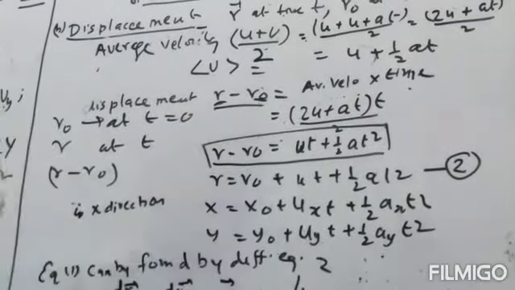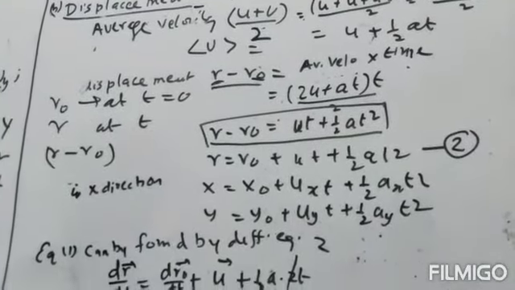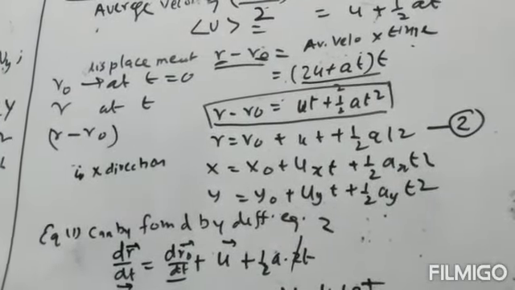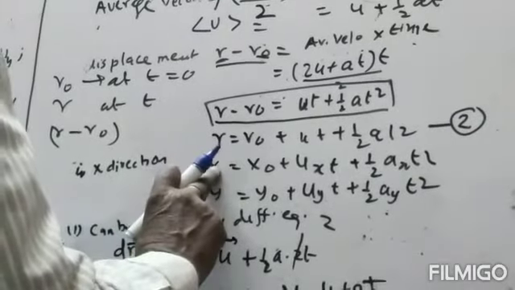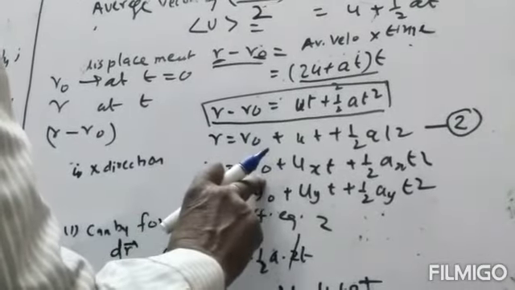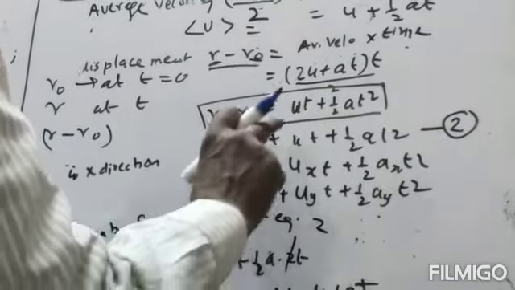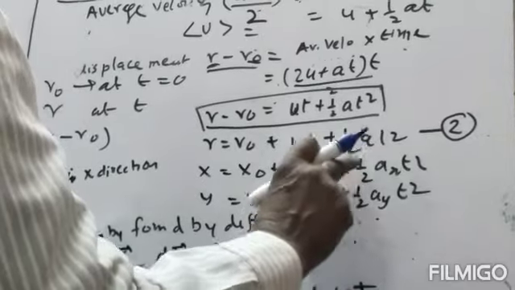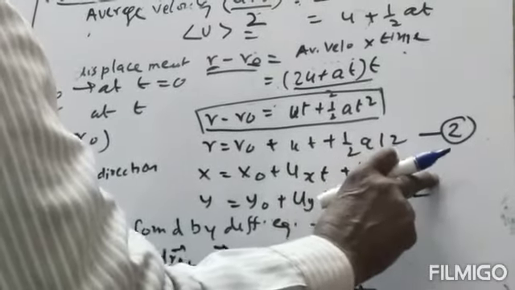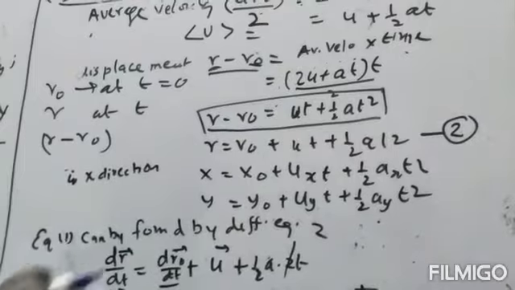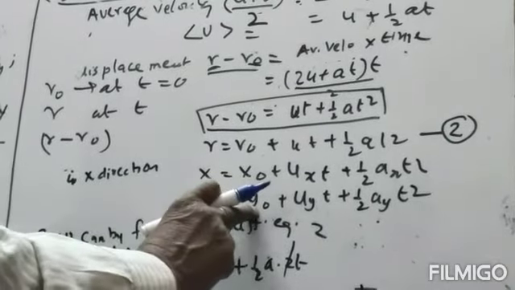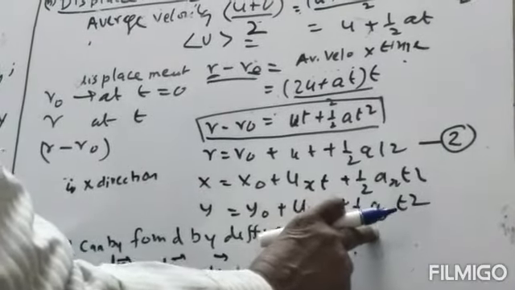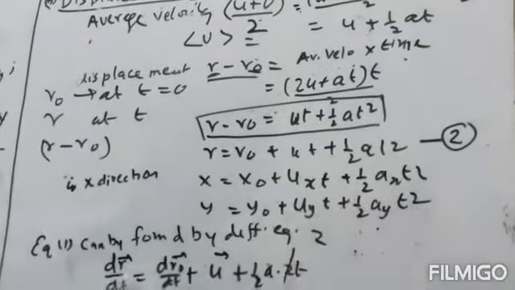If we write for the x direction, then x will be equal to x0, the initial position, plus velocity in x direction ux into t plus 1 by 2 acceleration in x direction ax into t square. Similarly, in the y axis, y is equal to y0, the initial position on y, plus uy into t plus 1 by 2 ay into t square.